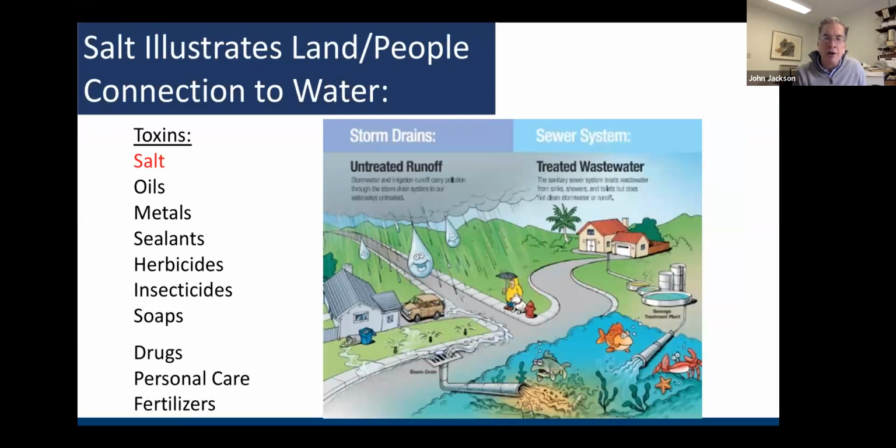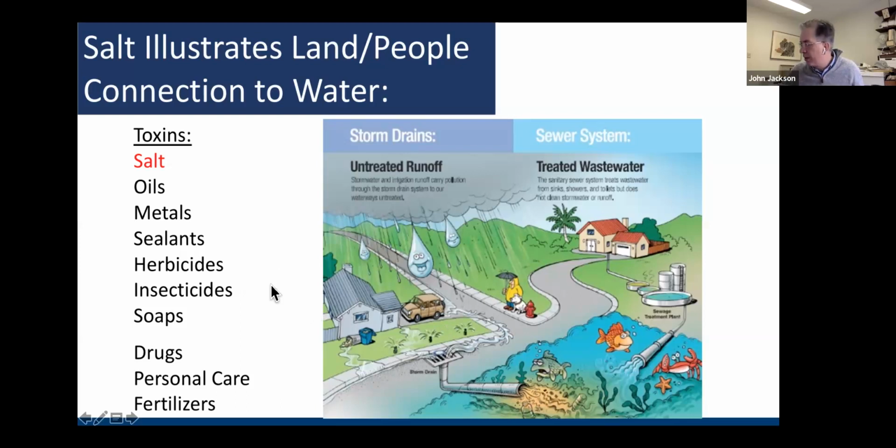So when we talk about urban runoff and we talk about sewer, we have to remember, yes, we have salt problems, but we have all these other contaminants: oils, metals, sealants, herbicides, insecticides, soaps. All of these things are hitting our waterways, and you have to be very careful.